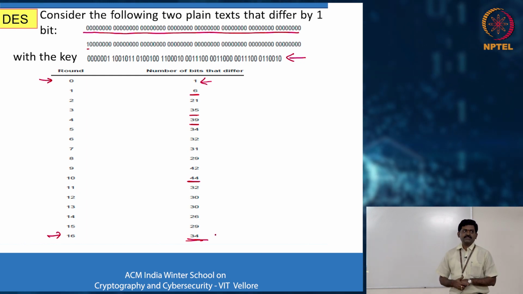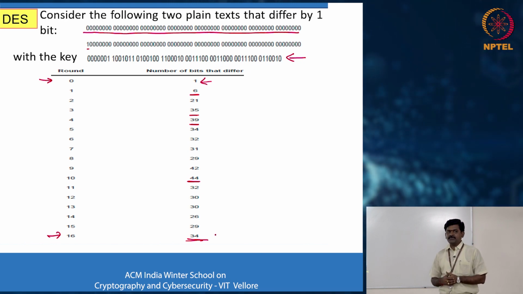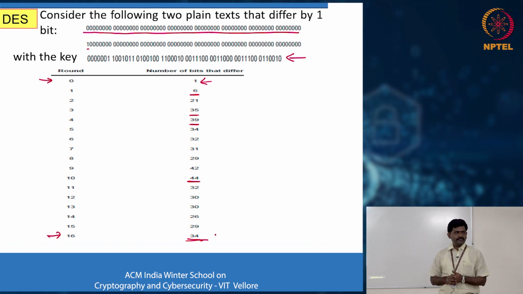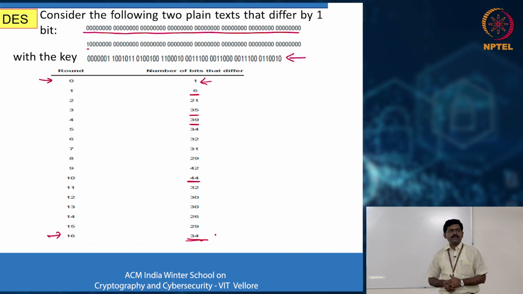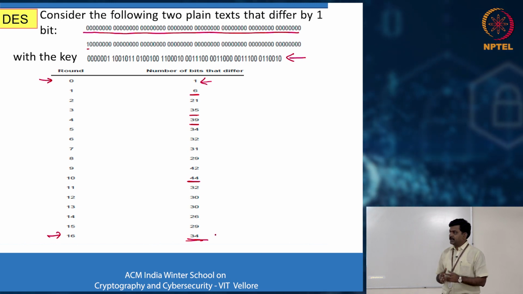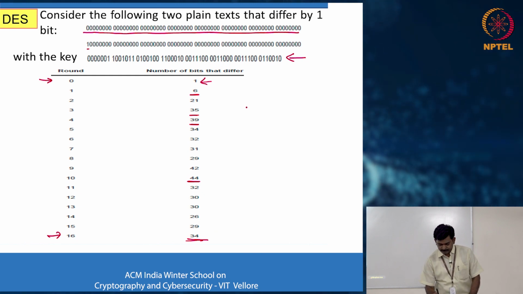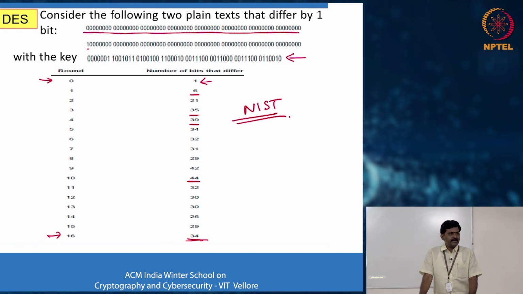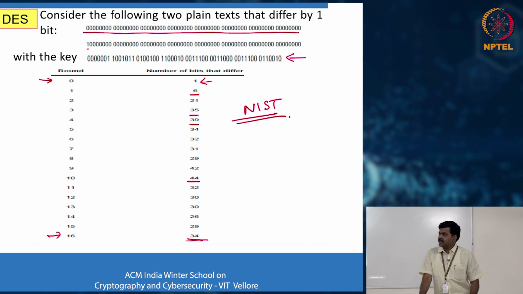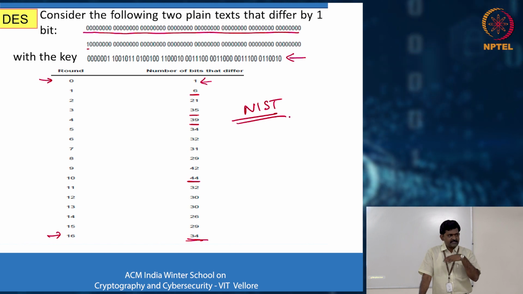The other day somebody said, sir, I want to come out with my own algorithm. Obviously you can, but whenever you want to come out with your own algorithm, it should meet certain design criteria of encryption algorithms. And above that, if you actually want to make it commercial, there are certain standard agencies such as NIST, the standard international agency that says yes, this algorithm is of commercial standard.